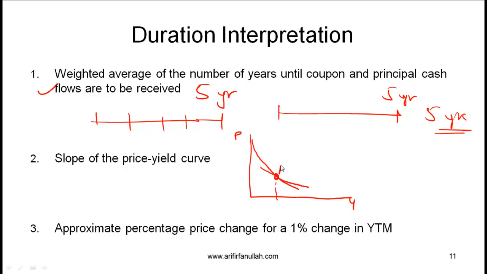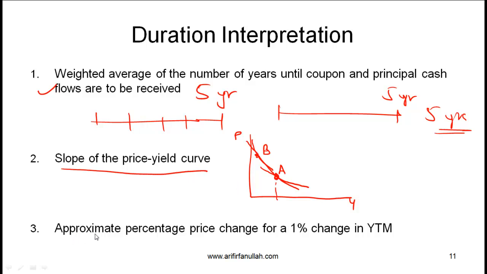So notice that at point A, the slope is relatively low in absolute terms, versus at point B, the slope is high. So that means that at lower yields, the interest rate risk is more than at higher yields. So interpretation 2 is that duration is simply the slope of the price yield curve.